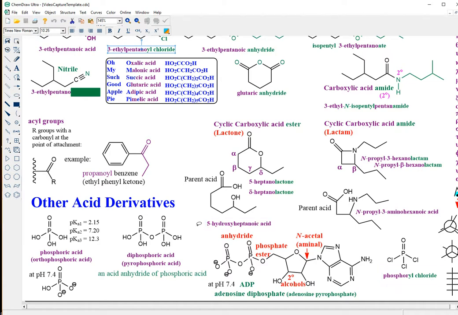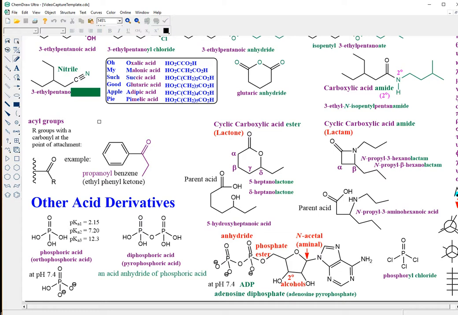One thing I forgot to cover is that nitriles are also a derivative of a carboxylic acid. In class, we discussed the fact that everything on this page that has carbon carboxylic acid derivatives has 3 bonds to more electronegative atoms. So nitriles fit that. That's why they're in the category of carboxylic acid derivatives.